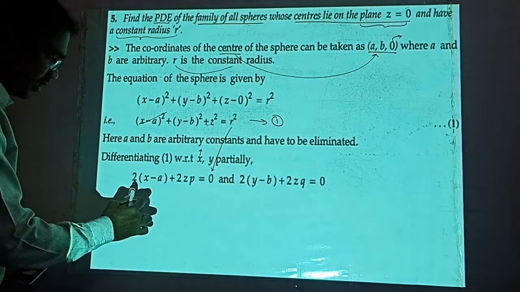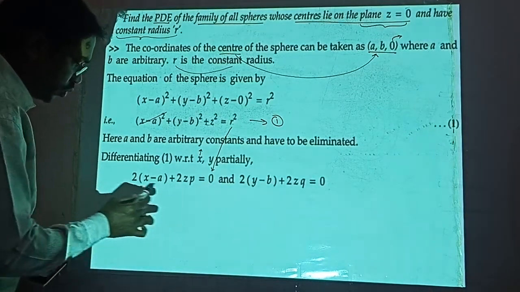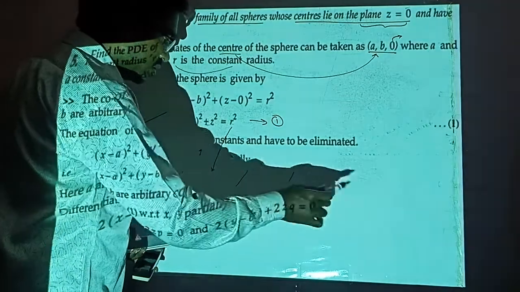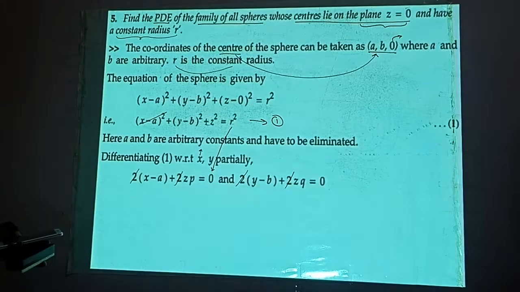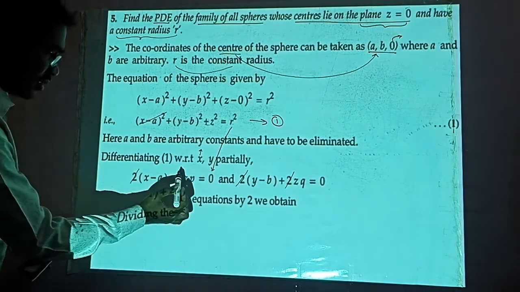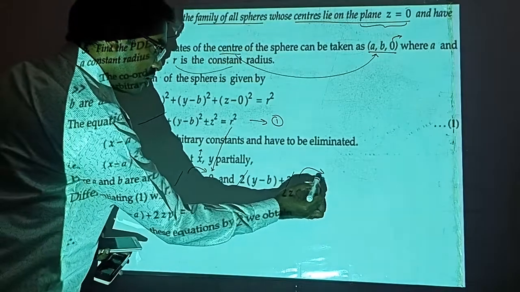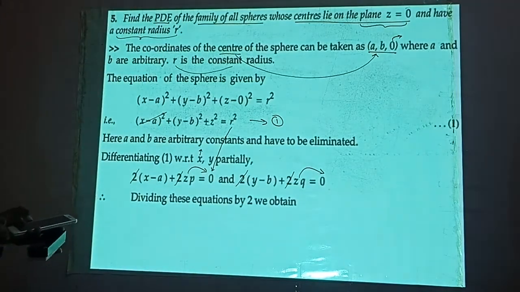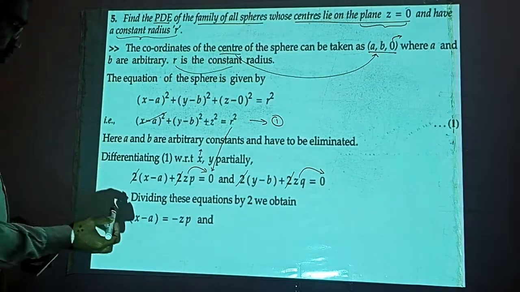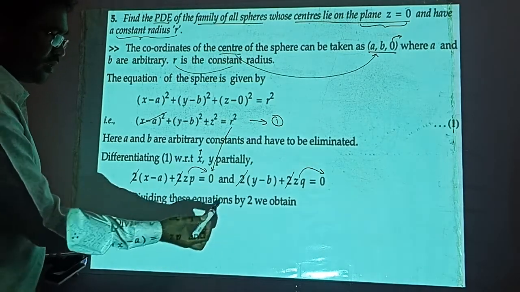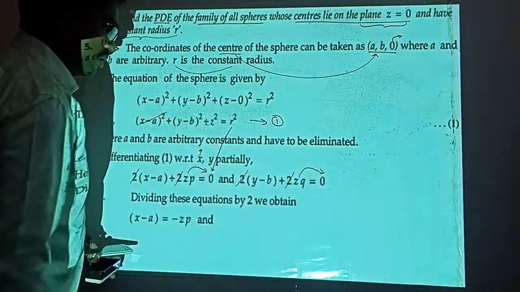Now if you divide both equations by 2, the 2s get cancelled. Then if you take zp and zq to the RHS, what you get is x minus a is equal to minus zp and y minus b is equal to minus zq.